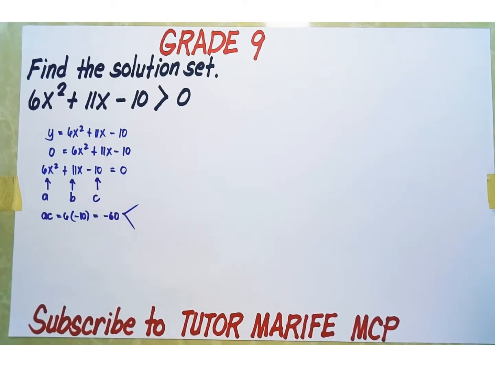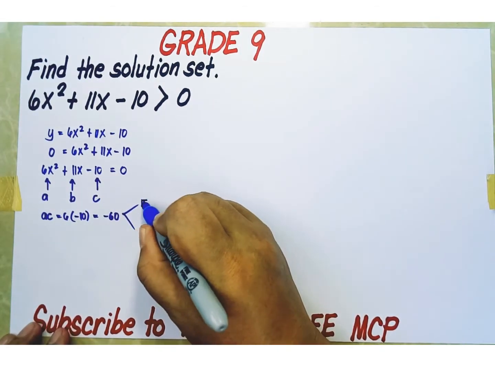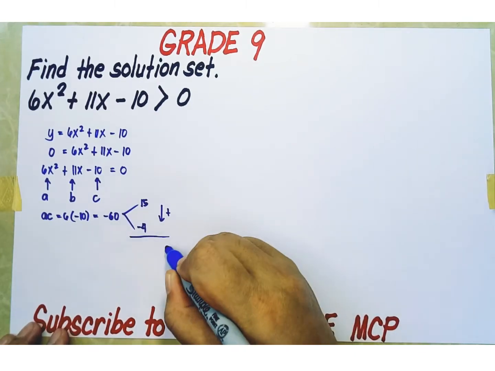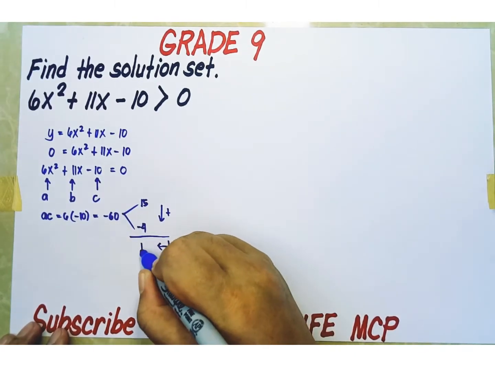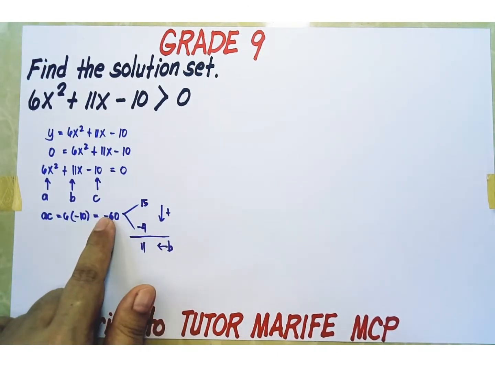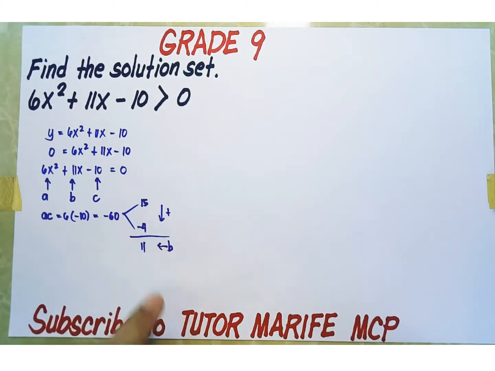What factors of negative 60 will add up to positive 11? We have positive 15 and negative 4. Let's double check. 15 times negative 4 equals negative 60. 15 plus negative 4 equals positive 11.